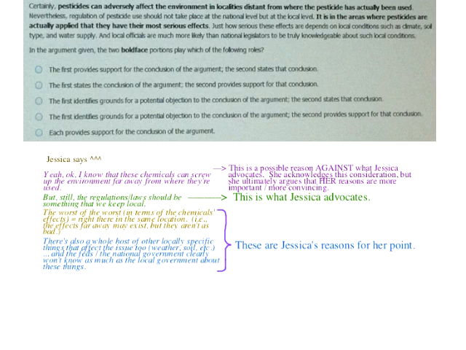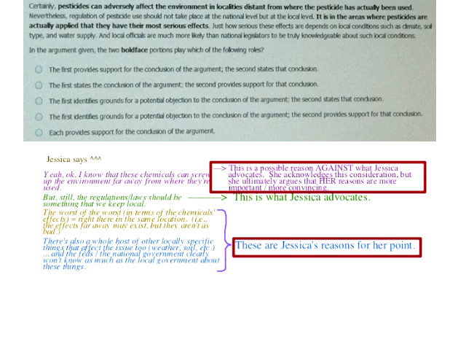Okay, so what we're actually interested in at this point is this one and then this one. As far as the red box is concerned, the first one is not a support for the conclusion because it is the opposite point.